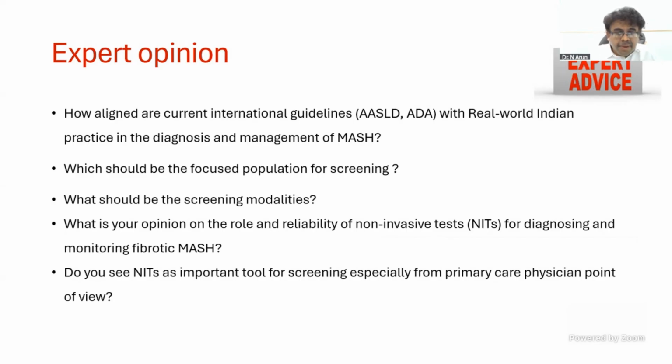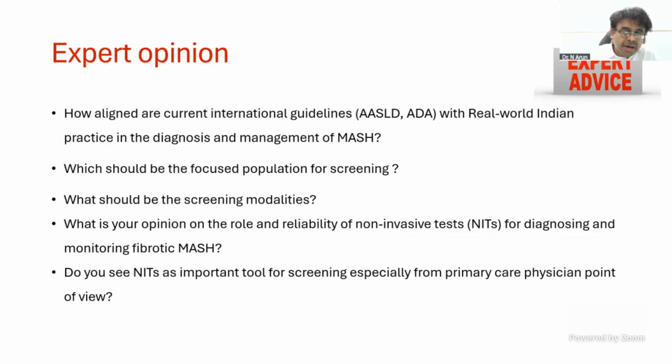Regarding my opinion on the role and reliability of NITs for diagnosis, definitely biopsy is not a significant pointer nowadays, because even in the ESSENCE trial, when they used semaglutide, they used biopsy-proven patients. But nowadays, the role of biopsy is not a major challenge to address fibrotic or early fatty liver disorders.